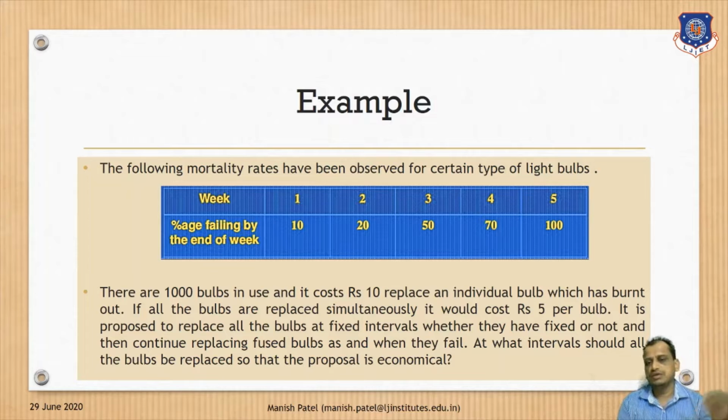For example, after 3 months, suppose 5 bulbs have failed, you have to replace them. And after 7 months, the company has to replace all of them. Now out of these policies, which policy is economical for the company? So let's start.